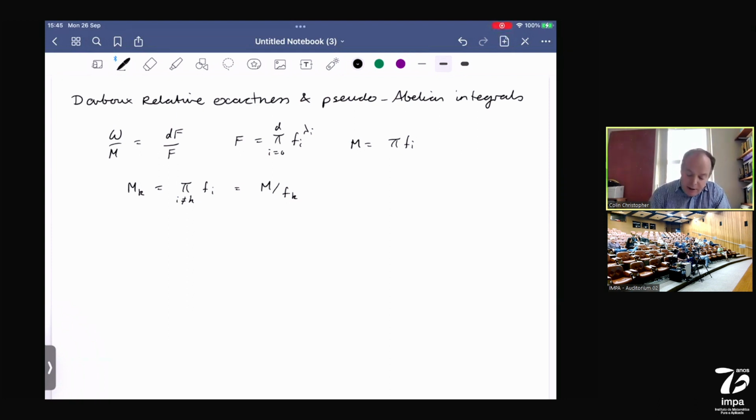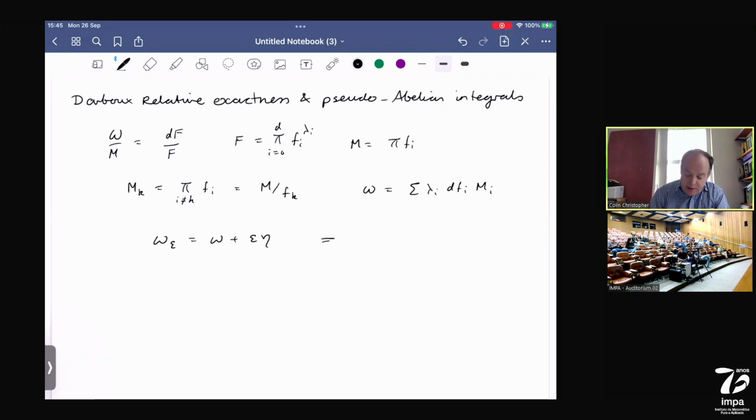And in that notation, we find that my one form omega is going to be a sum of lambda_i df_i times M_i. Okay, so this is my logarithmic foliation or my Darboux foliation. And we've been looking at having a perturbation. So omega_epsilon is my omega plus a small perturbation term.